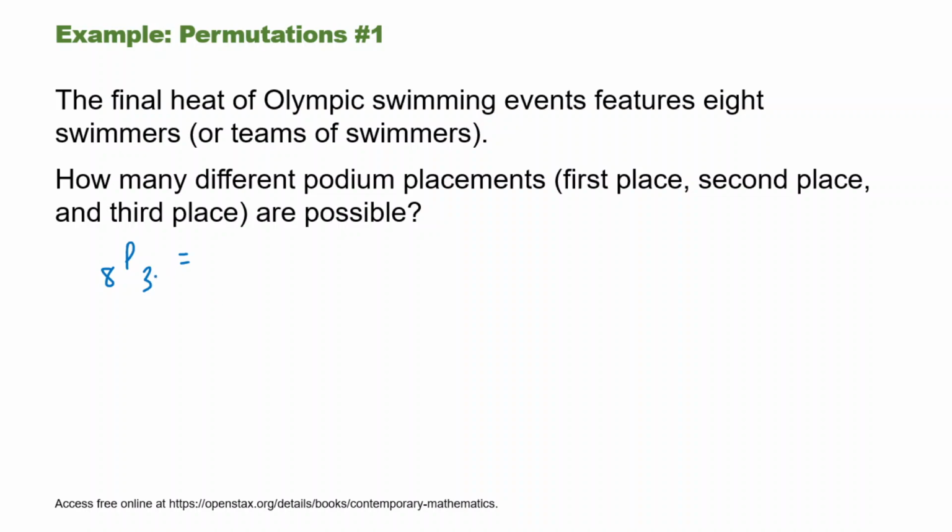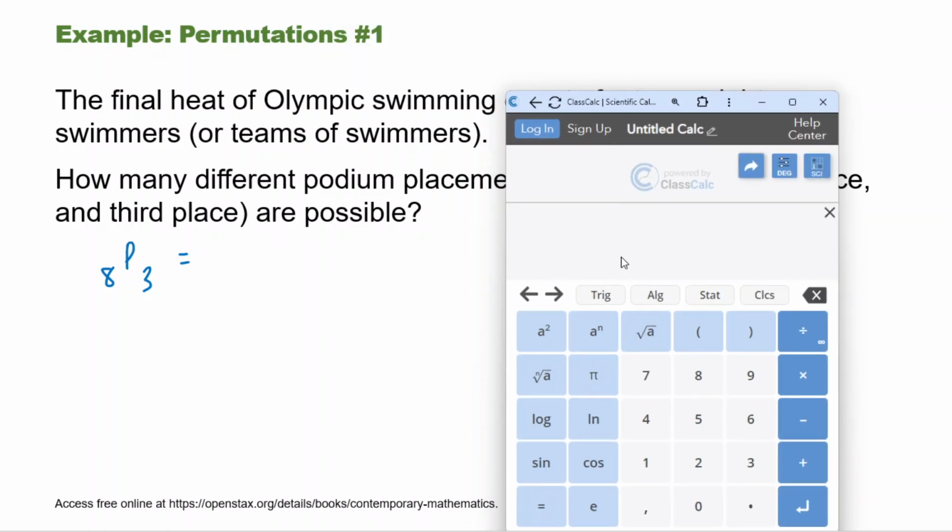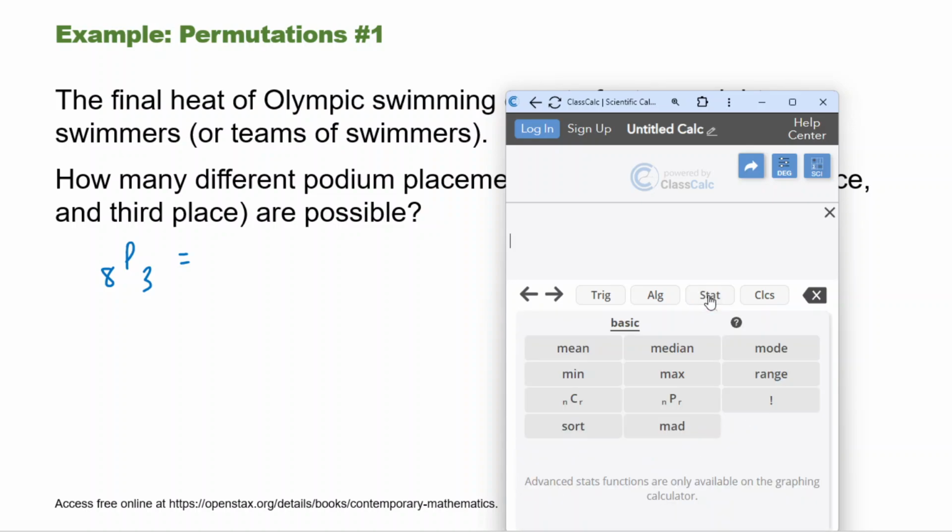Now to find this value, I'm going to go over to Class Calc. I'm going to pull that up. And on my page, from any menu, I can choose Stat. So I'm particularly on the scientific calculator. I will choose Stat. And there's an option here that is NPR.